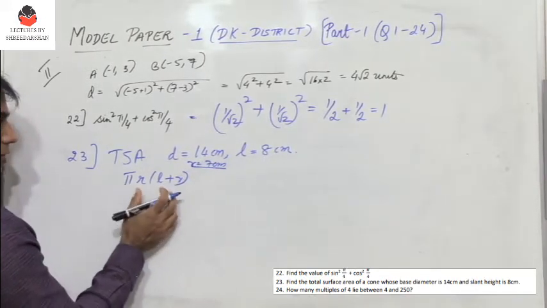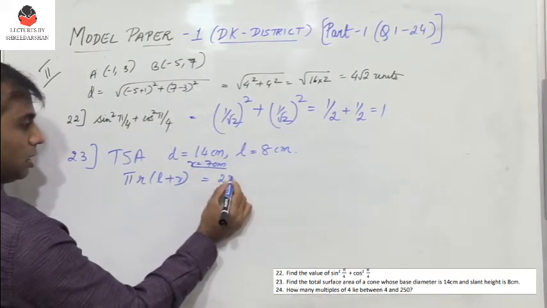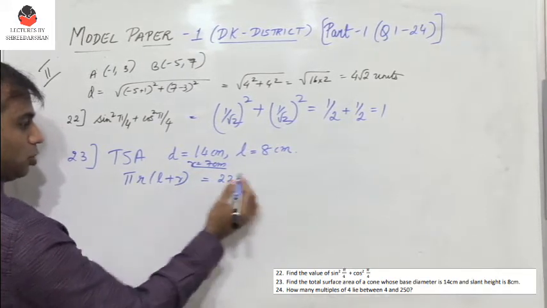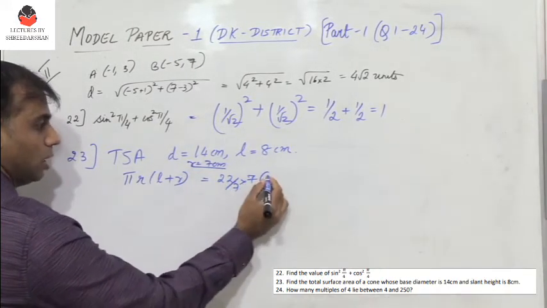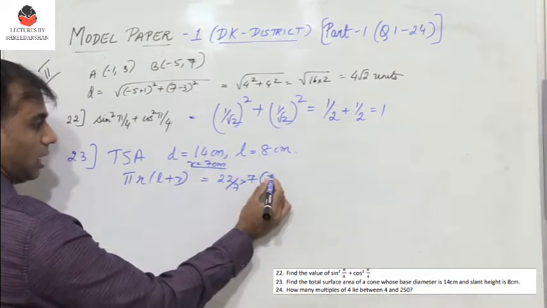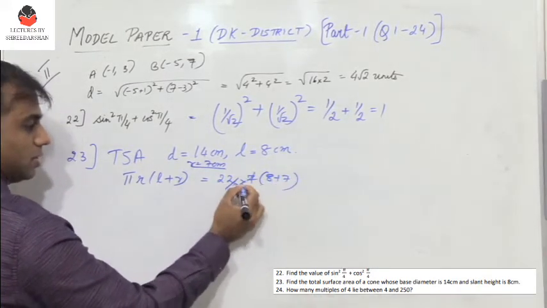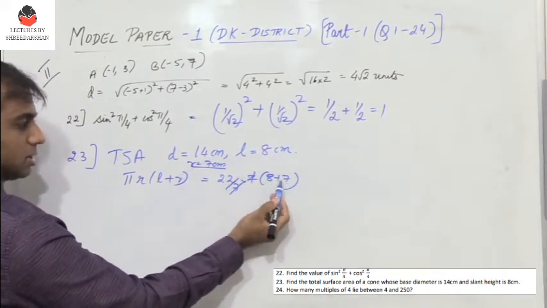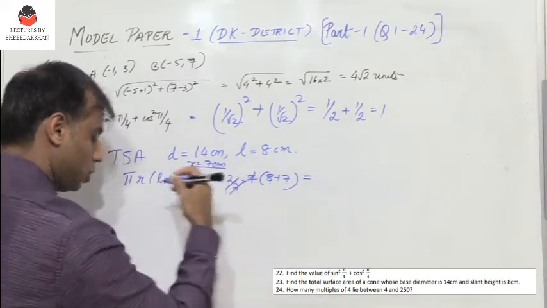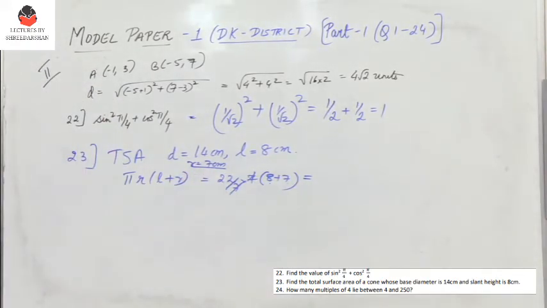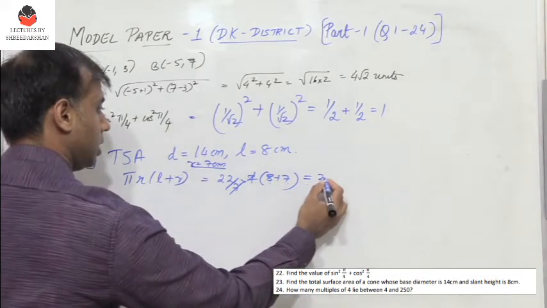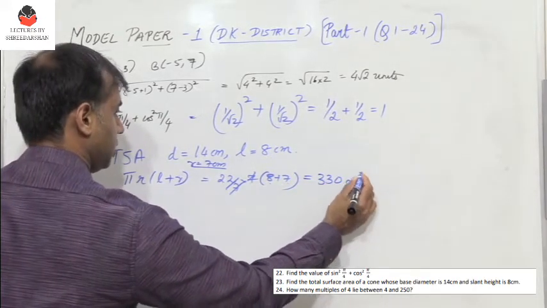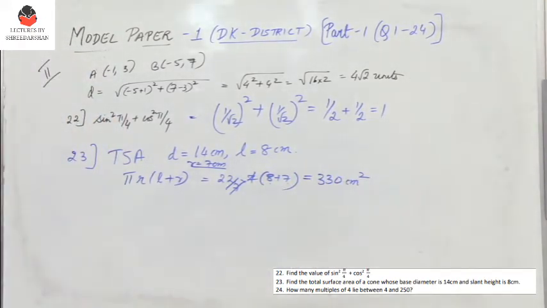So let me substitute the values here. I get pi is 22 by 7 into radius is 7 into L plus r, 8 plus 7. So 7 gets cancelled. 7 plus 8 is 15 into 22. So 15 into 22 is 330 centimeters square. So this is the total surface area.